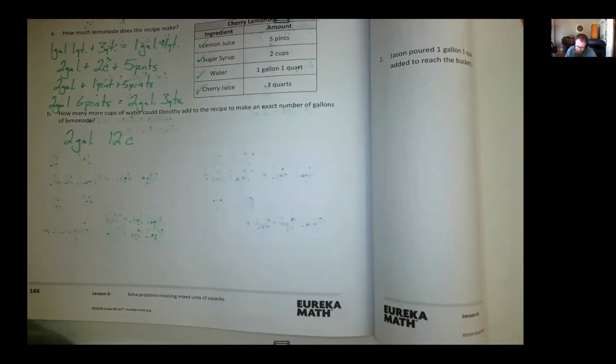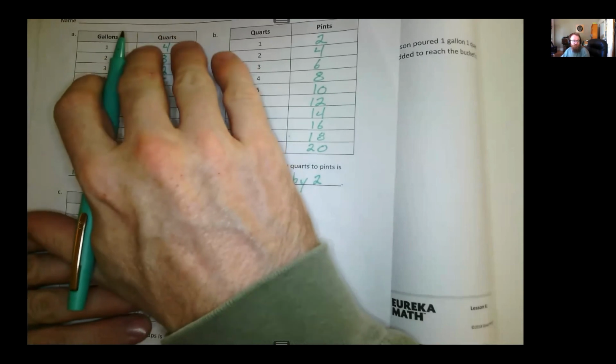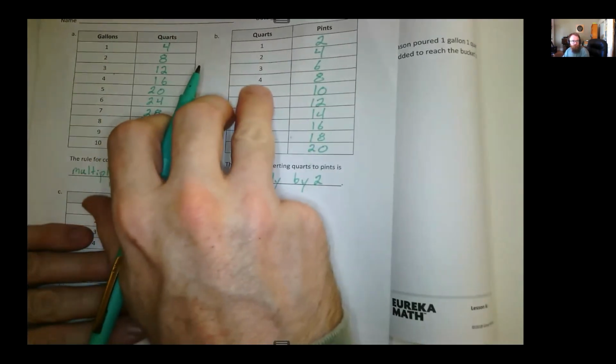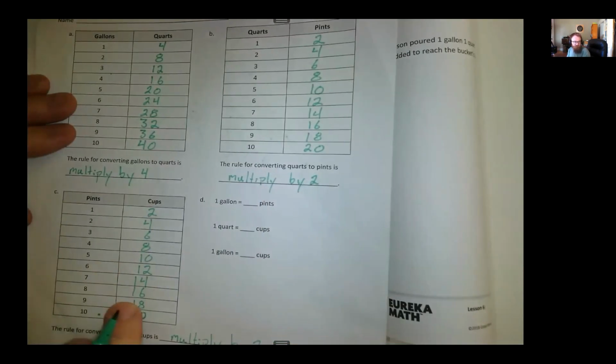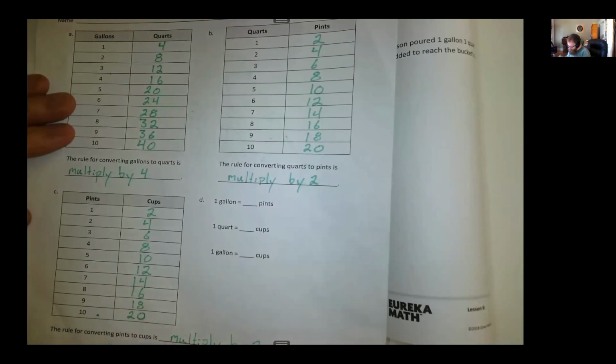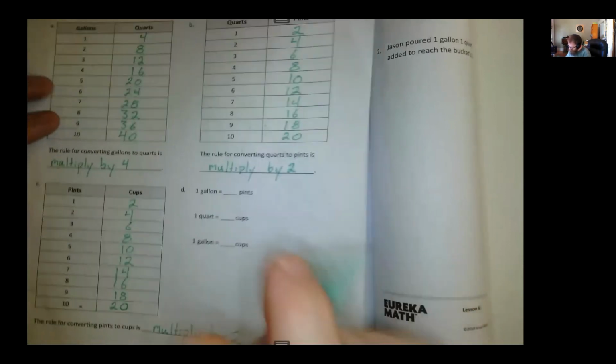If 1 gallon has 4 quarts, and I'm looking at my conversion chart to do this, 4 quarts have 8 pints, 8 pints, 16 cups. So there's 16 cups in a gallon.